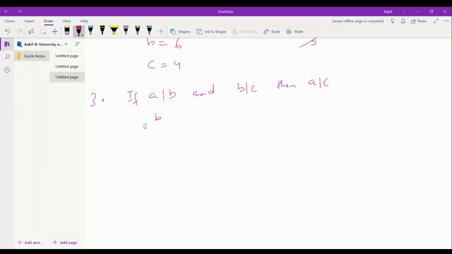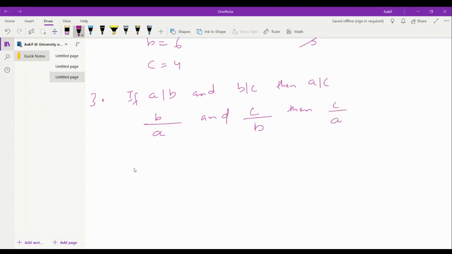So this means if B is divisible by A and C is divisible by B, then C is divisible by A as well.